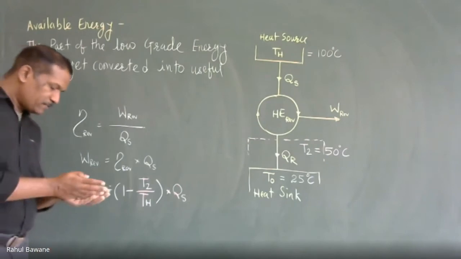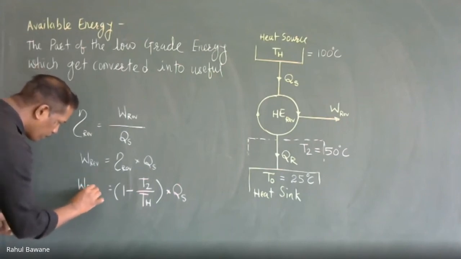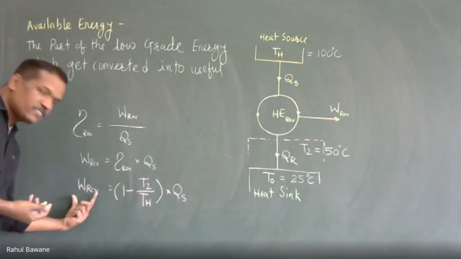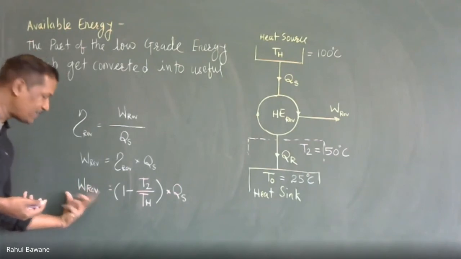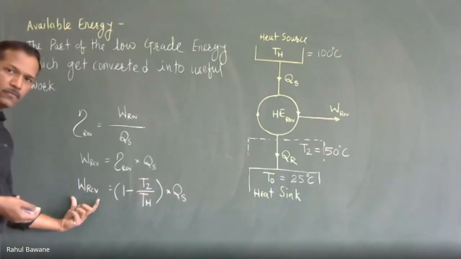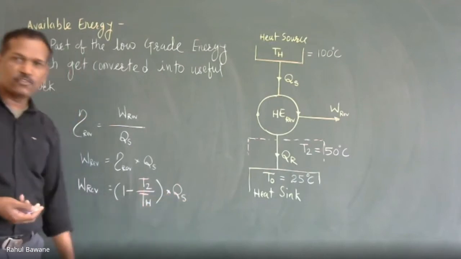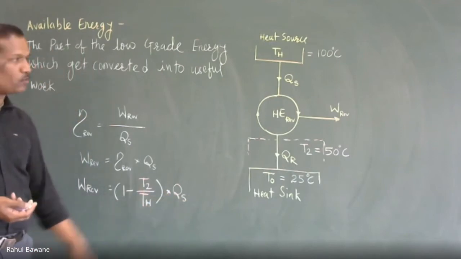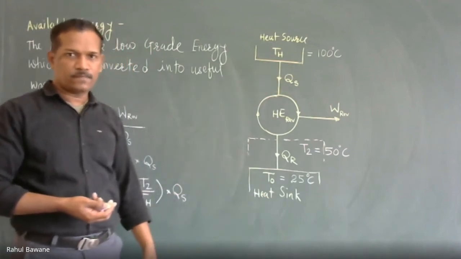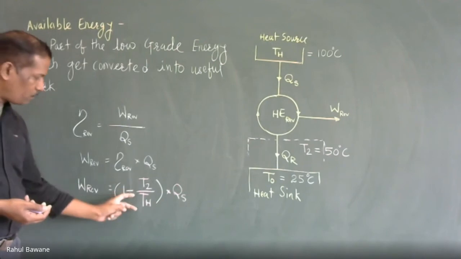Now from this, if I want to increase the amount of work conversion, if I want more work, then what is the option? Heat supplied is not the option, because this much amount is there always. So there are two temperatures.